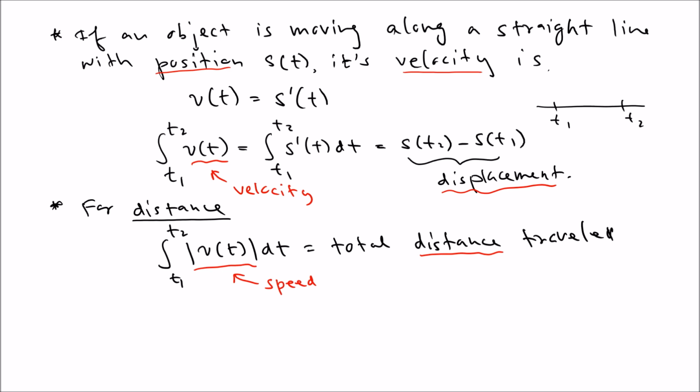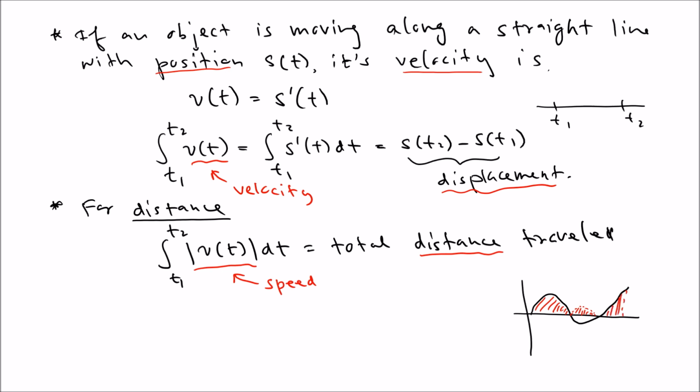So what's going to happen in this case? If you look at the graph, let's say it's going to be positive, negative, and positive like that. What you're going to do is take the absolute value. That means it's going to reflect to the top, and then you add everything up. So that's why it's the distance rather than the displacement, because displacement can be positive and negative, while the distance is always positive.